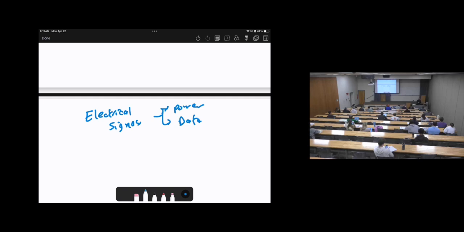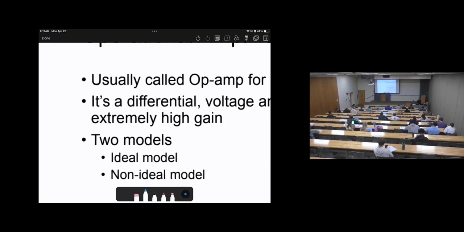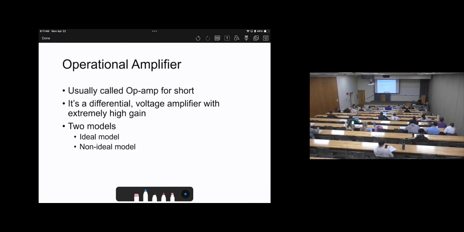The amplifier is basically an electronic circuit, and of course it needs an external power supply. It can be used to power up or amplify the signal. So that's our topic: operational amplifiers to amplify the signal.